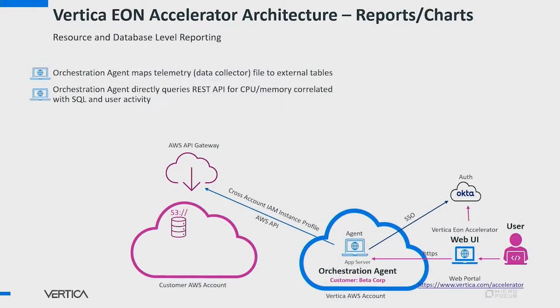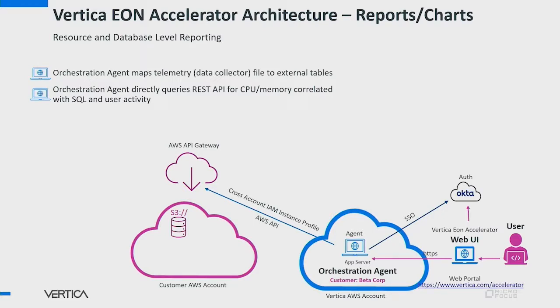Here's a final use case about charts and telemetry. One of the things we did in Vertica Eon Accelerator is we realized that the Vertica process monitors the underlying infrastructure pretty closely. The Vertica database monitors memory and CPU almost continuously.